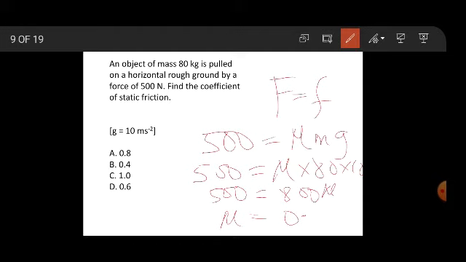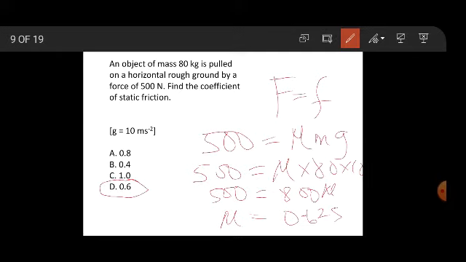Let me check that quickly. 500 divided by 800, and we got 0.625. So 0.625 is the answer, which is D. That's the closest answer to that.